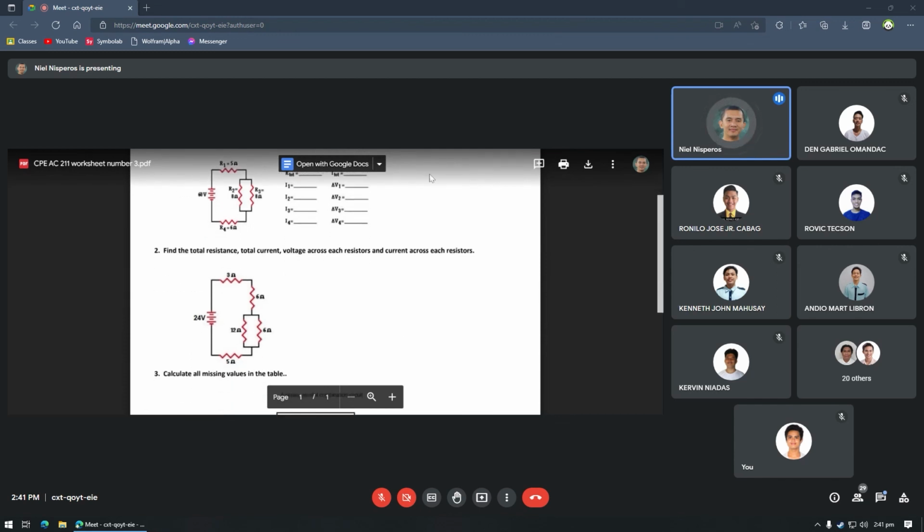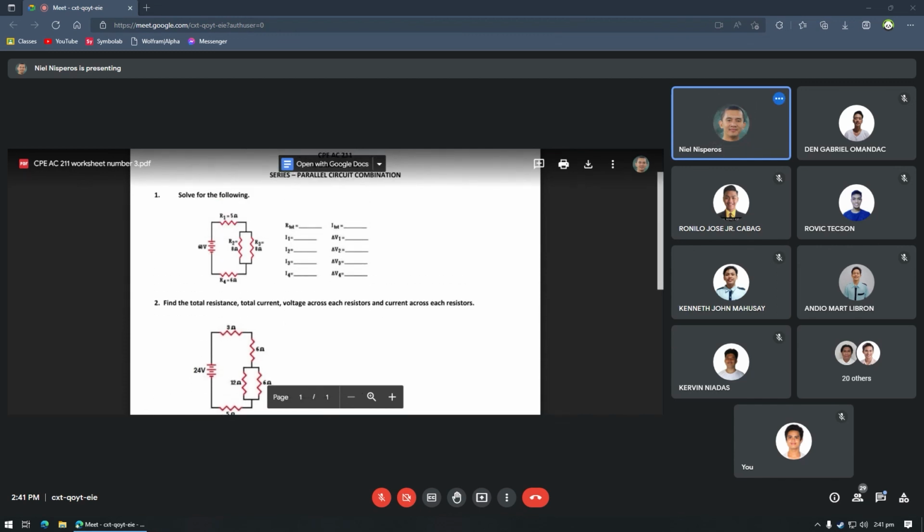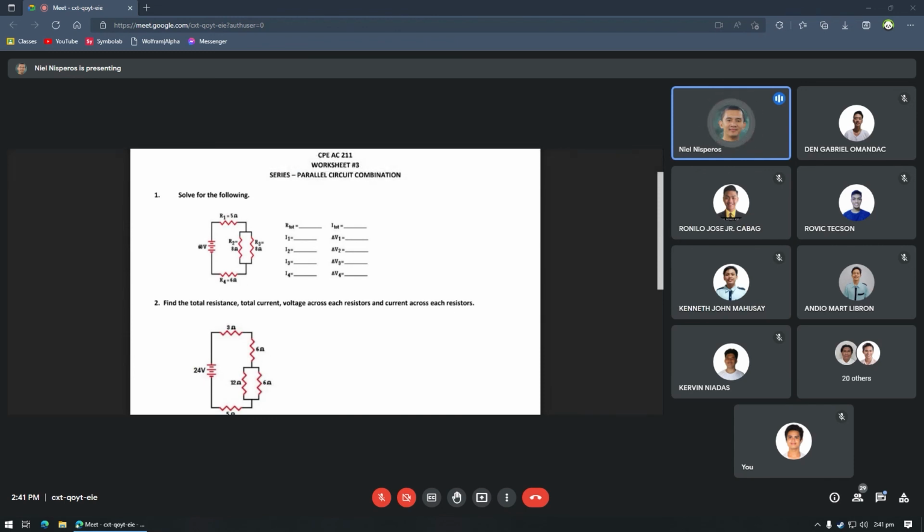So for the first circuit we have a given, this is 60 volts. 60 ni siya class. We have 60 volts our total voltage. Then we have R1 as 5 ohms. R2 and R3 kanang duha ka naa sa parallel sa tunga is both 8 ohms, and then R4 is 6 ohms. Kani sa number 1 class.